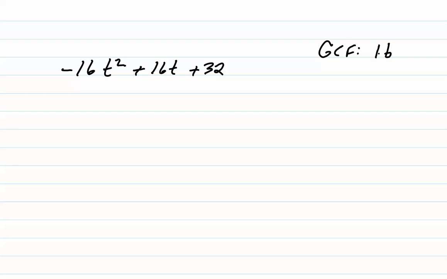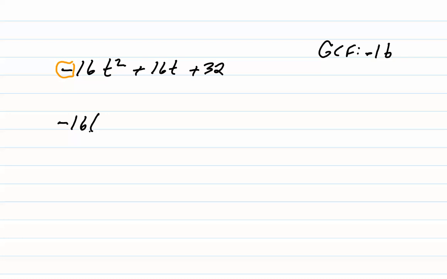Now, using just 16 will still be correct, but if we look at this first term, we've got a minus there. So we also want to factor out a negative. Makes it a little easier to work with. So we're going to factor out a negative 16.